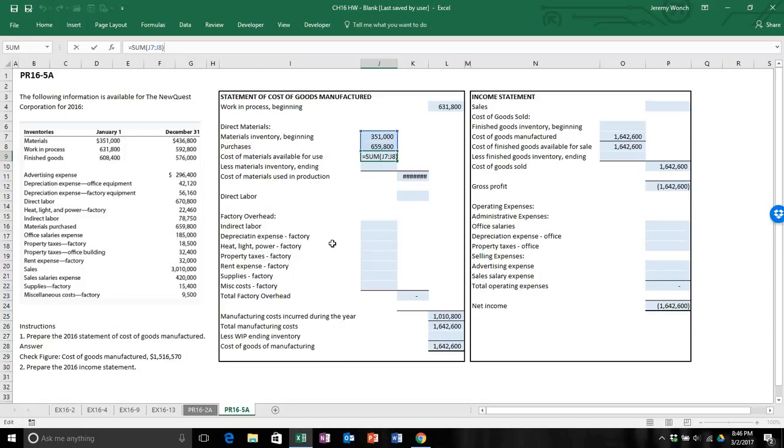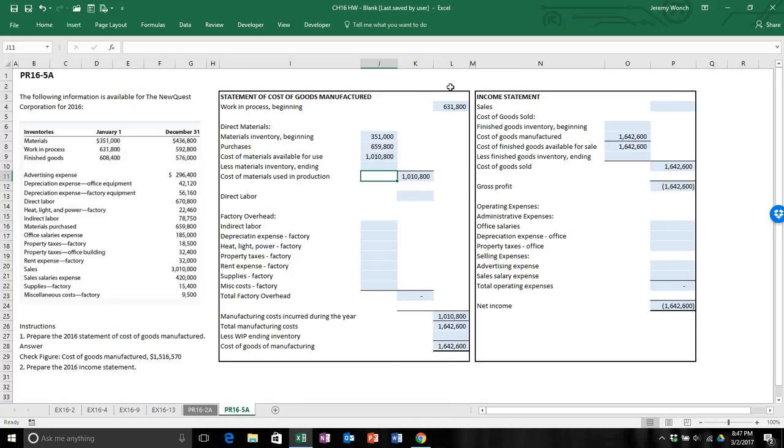So that means the cost of materials available to use is our beginning inventory plus our purchases. That gives us a little over $1 million. But then we have to subtract out our ending materials balance of 436,000 right here, to give us the actual cost of materials that we used in production.